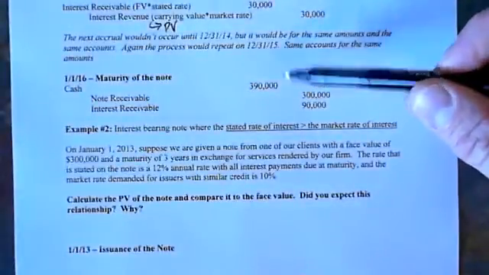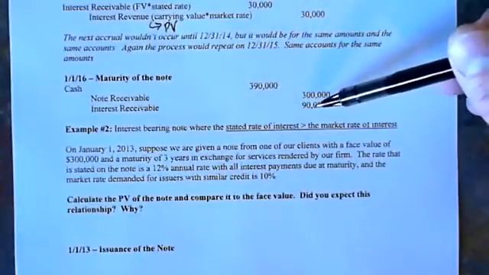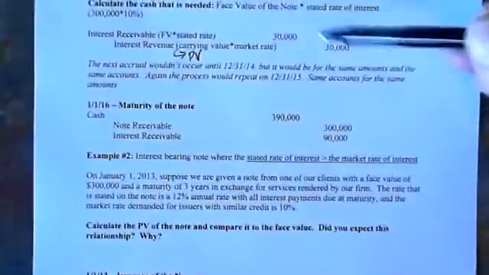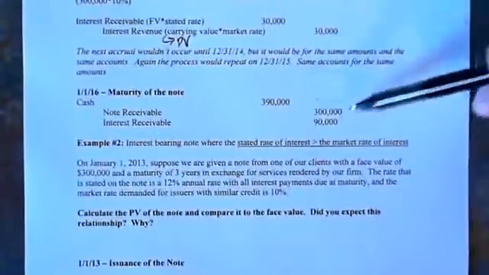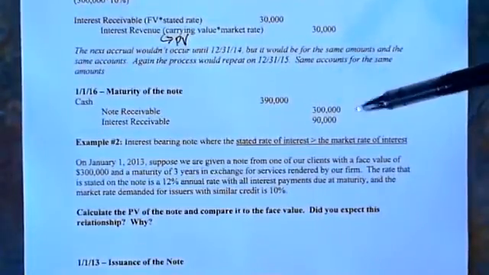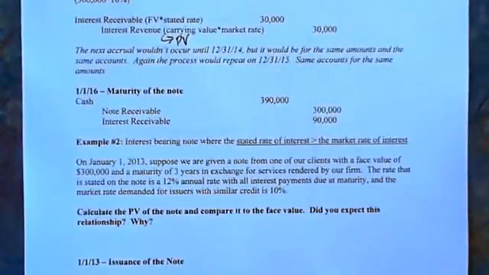When the note matures, we will receive $90,000 in cash and zero out my interest receivable, because I've been accruing this for 3 years now. 3 times this has occurred. And then the amount that we were promised at maturity, the $300,000, also comes due, and we receive cash for that as well.